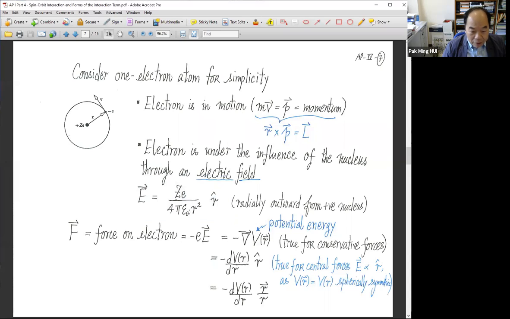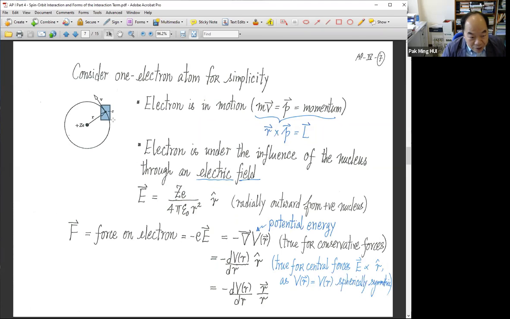And now, the electron will sense a force. Why are we considering the force? Because we want energy. We want an energy in quantum mechanics to add that term in, okay? We don't like force. So we write down the force and write it as an energy, a potential energy.